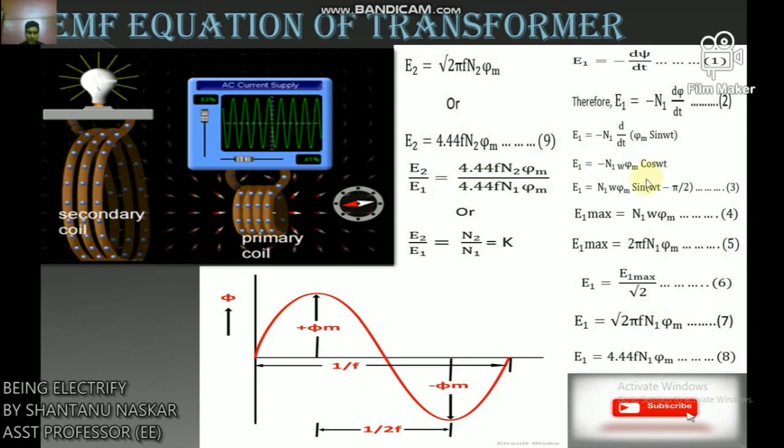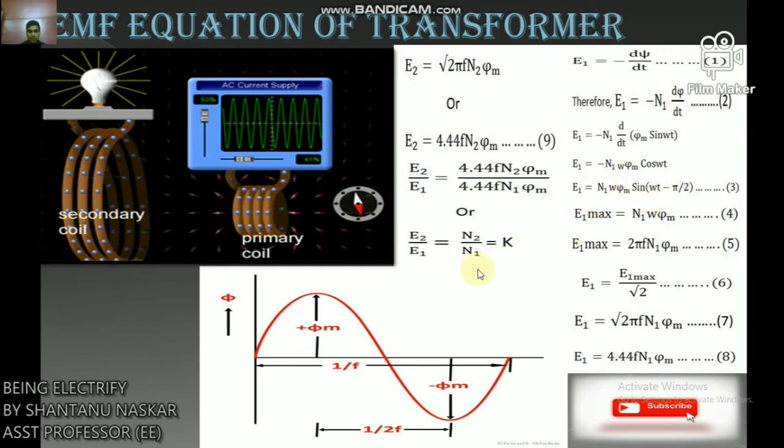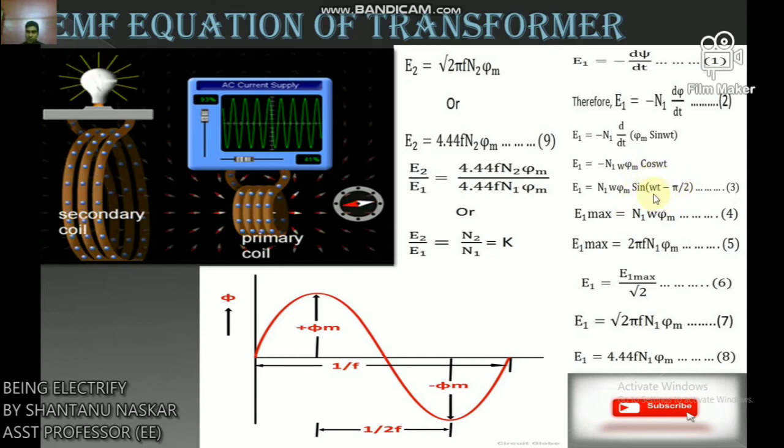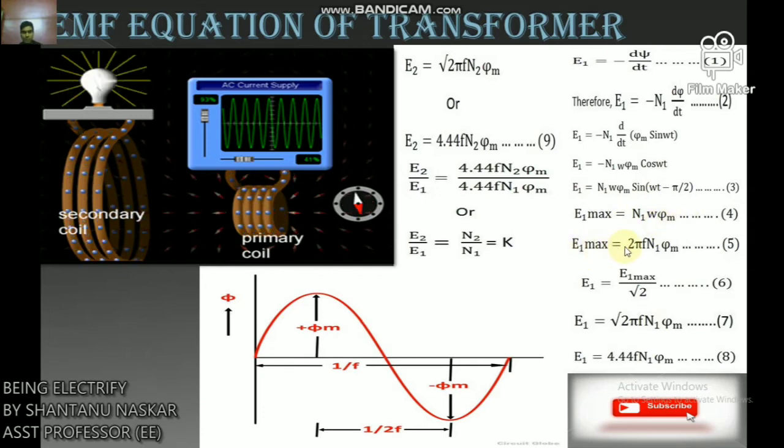From here we can write E1 equals N1 omega phi m sin(omega t minus pi by 2), and so the induced EMF lags the flux by 90 degrees. Now E1 max equals N1 omega phi m, because the maximum value of sine is 1 at 90 degrees. So the maximum value of E1 is N1 omega phi m, and E1 max equals 2 pi f N1 phi m, because omega equals 2 pi f.